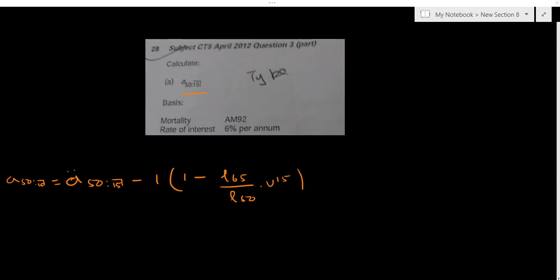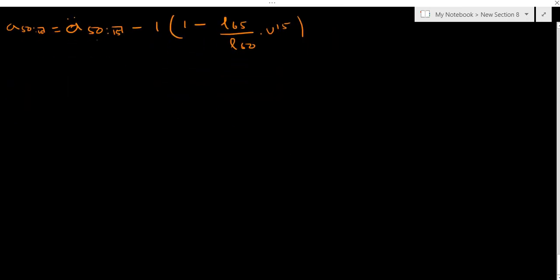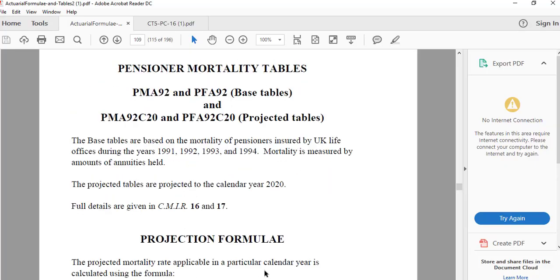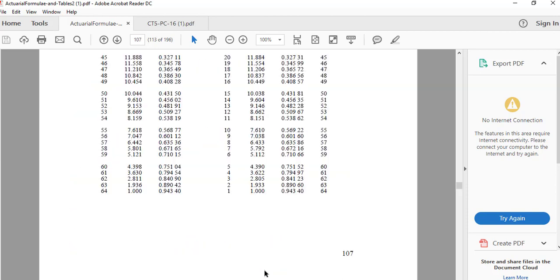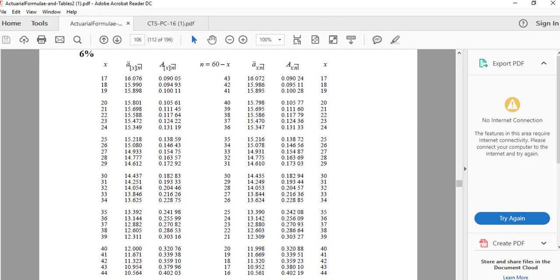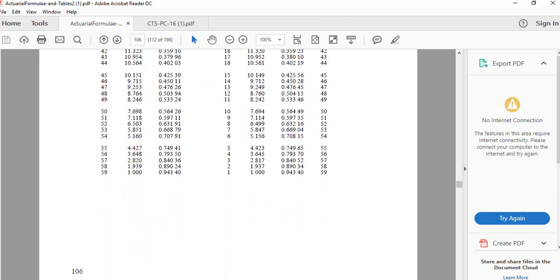Now let's just take these values from the table. Let's find out the value. Okay, 6%. I've got these sum to 60, and 65 should be on the next page.